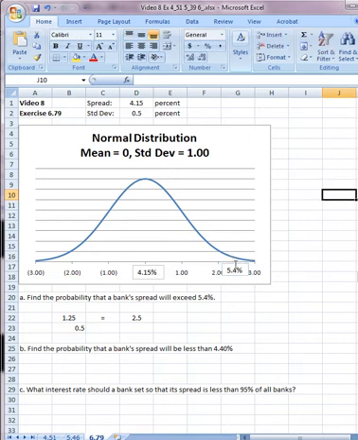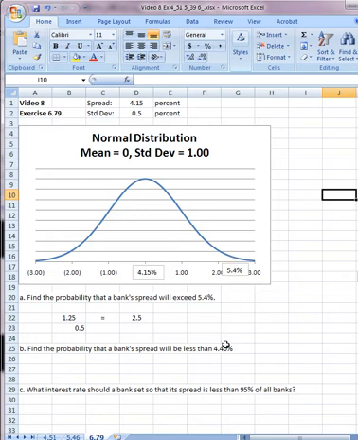Now, we're interested in banks who have a spread greater than 5.4%, which means we're interested in the area under the curve to the right of 5.4%. Now, table 6.1 that you find on pages 251 and 252, flip to page 252 and run your eye down until you get to the 2.5 row and move across to the first column, which is the 0.00 column, and we find a value of 9938.